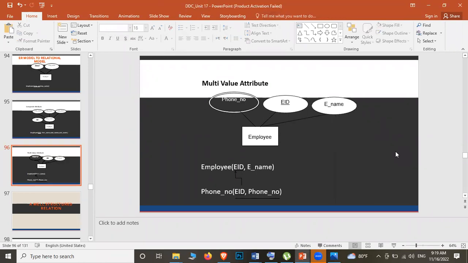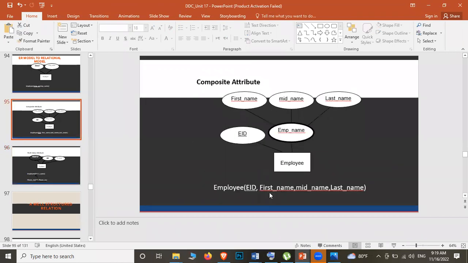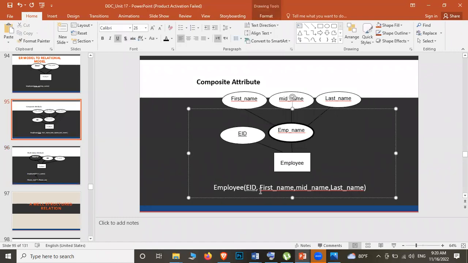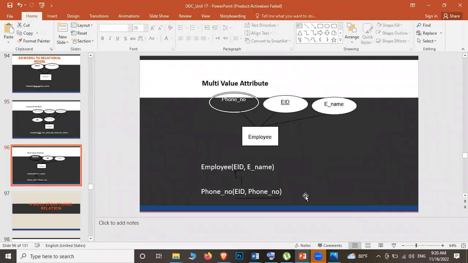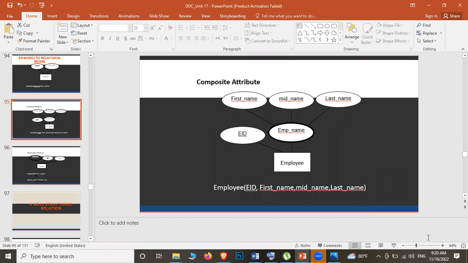So multi-valued attribute එකකට අපි කොහමද? Composite attribute එකකට නිකන් ඔය, okay, employee තමයි entity එක. This is the ID, so we have underlined it, නේද? And then you have all the other composite names as well. But when it comes to this, මම මේක ඔයාලට expand කරලා පෙන්නන්නම්. Okay, now it is clear, right?